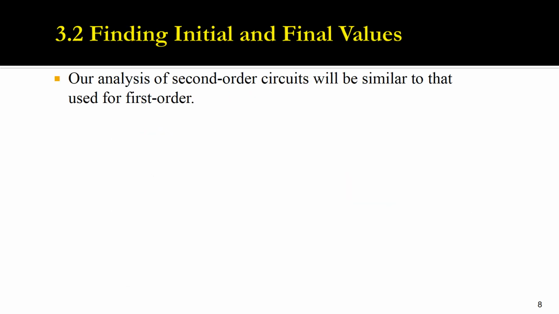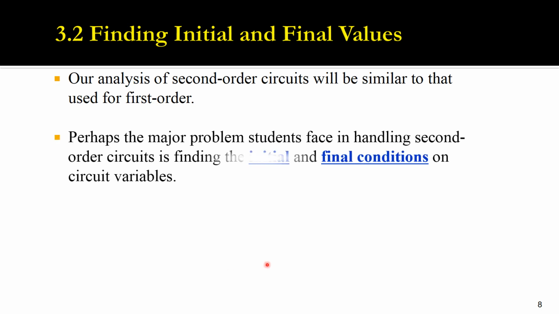Our analysis of second order circuits will be similar to that used for first order circuits. Perhaps the major problem students face in handling second order circuits is finding the initial and final conditions on the circuit variables. Students are usually comfortable getting the initial and final values of v, the voltage, and i, the current, but often have difficulty finding the initial value of their derivatives, dv/dt and di/dt.